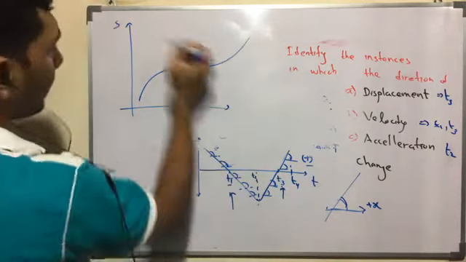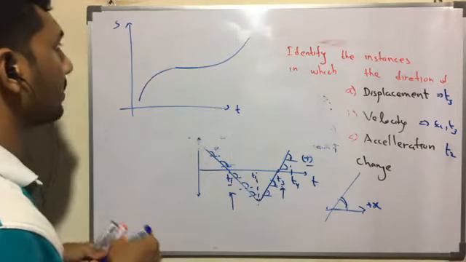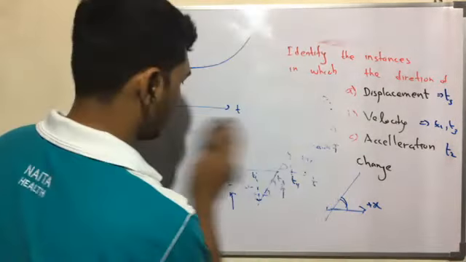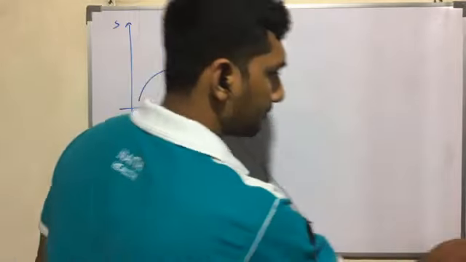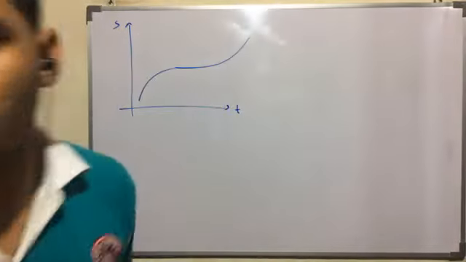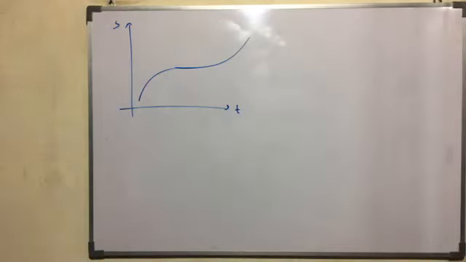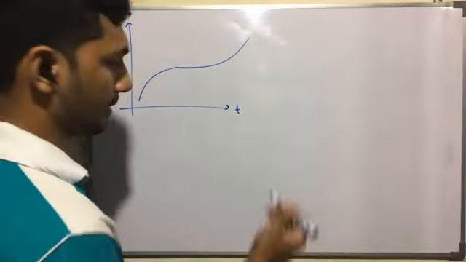So for this ST graph, what is the VT graph? You have enough time, you can try. VT.